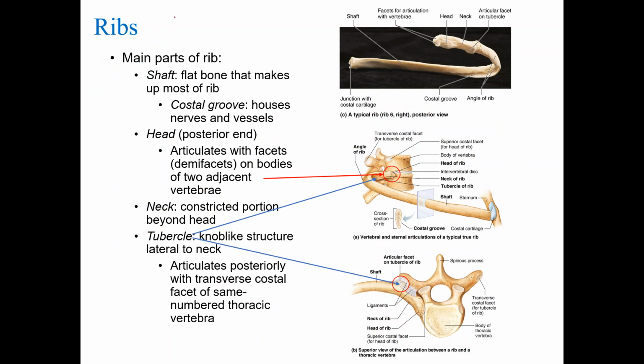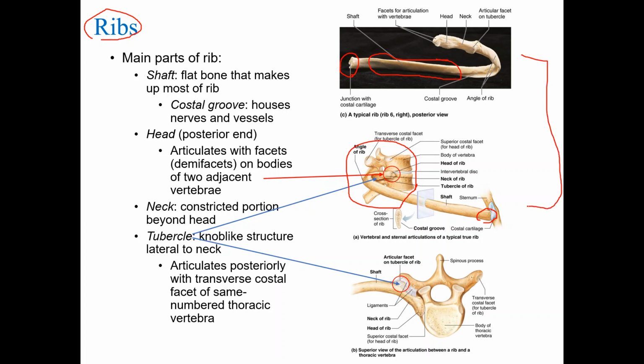All right, so let's explore the main parts of the rib, and how a rib connects to the thoracic vertebrae, that's important. So first of all, regarding the various parts of a rib, the main part of a rib is known as the shaft, this area over here. Then we have the junction with the costal cartilage, which is represented over here. Again, try to orient yourself.